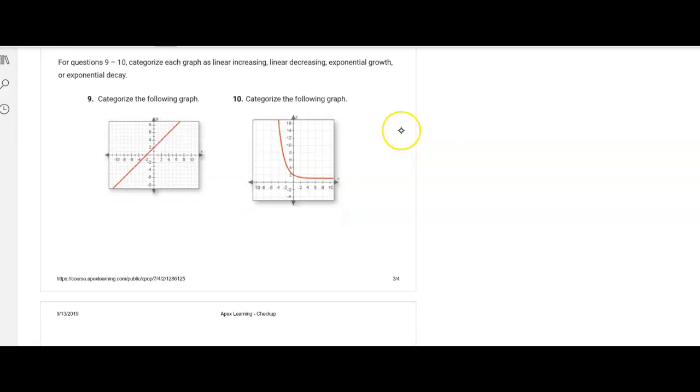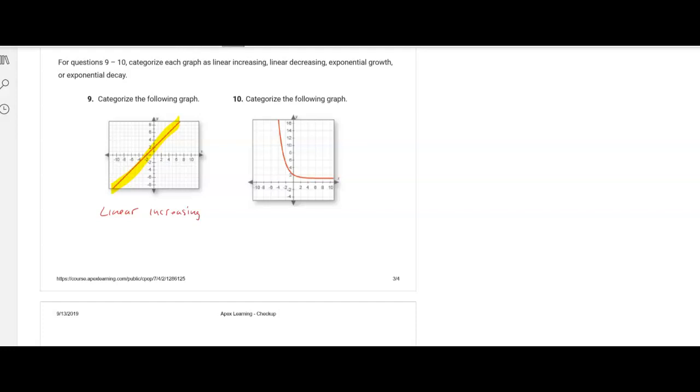So, categorize this as linear increasing, linear decreasing, exponential growth, or exponential decay. Since it's a straight line, we know it's linear, and since you're going uphill from left to right, we know it's linear increasing.